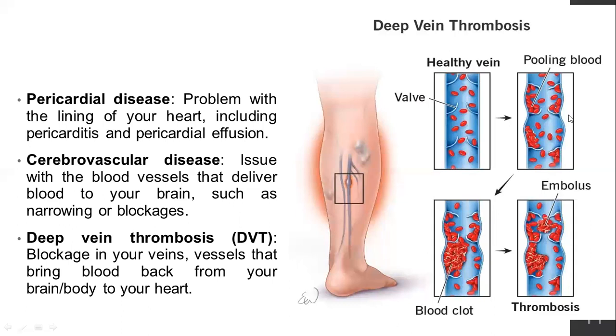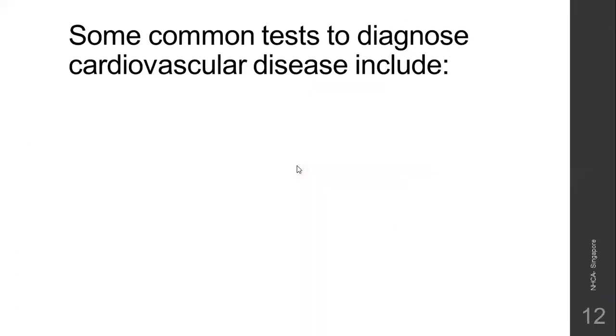This pooling blood will collect over a period of time and can become a blood clot, and that leads to thrombosis. So this is deep vein thrombosis. Causes we have discussed earlier in this class.